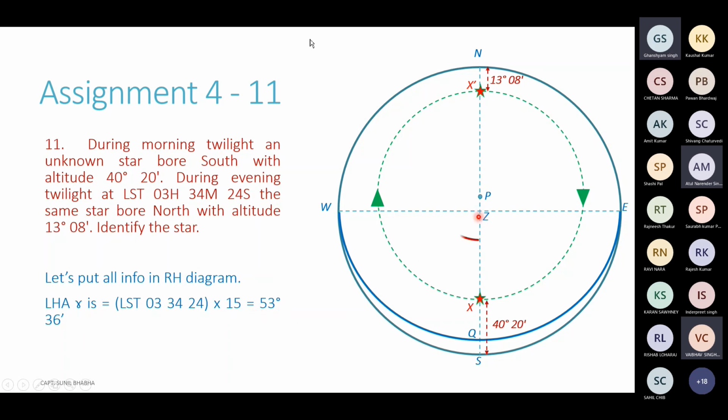So from the observer's meridian, if I draw an angle of 53 degrees 36 minutes, this is where the meridian of Aries would be. So from the observer's meridian, we go in the westerly direction, you see, this is the westerly direction, by 53 degrees 36 minutes, and it gives us the celestial meridian of Aries. This is the location where Aries is going to be.